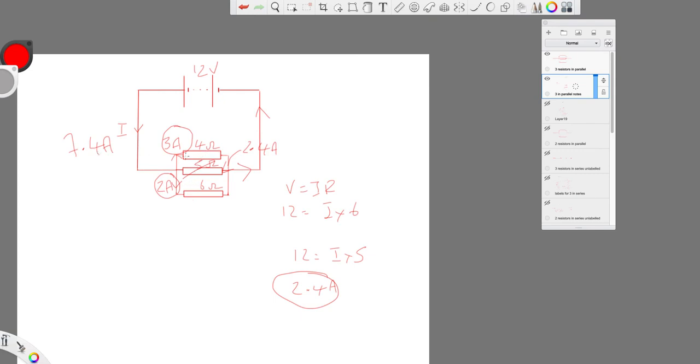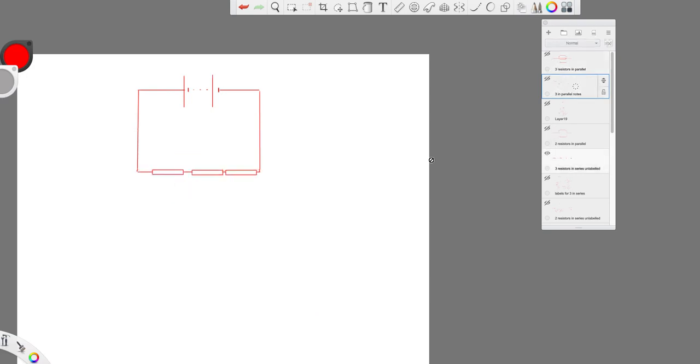In my series circuit, the PD across my resistors in series, if we look at our 3 resistors in series again, the PD across this one, plus this one, plus this one gives me the PD across the supply. So if they were all the same, each of those would have 1/3 of the supply PD.